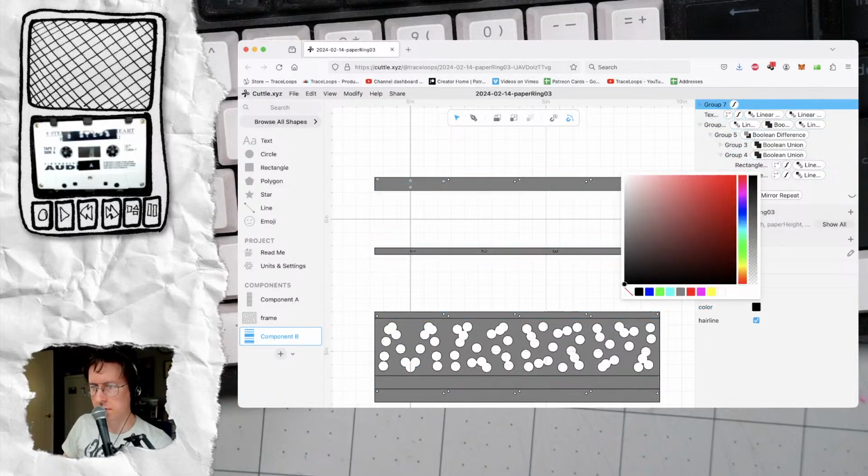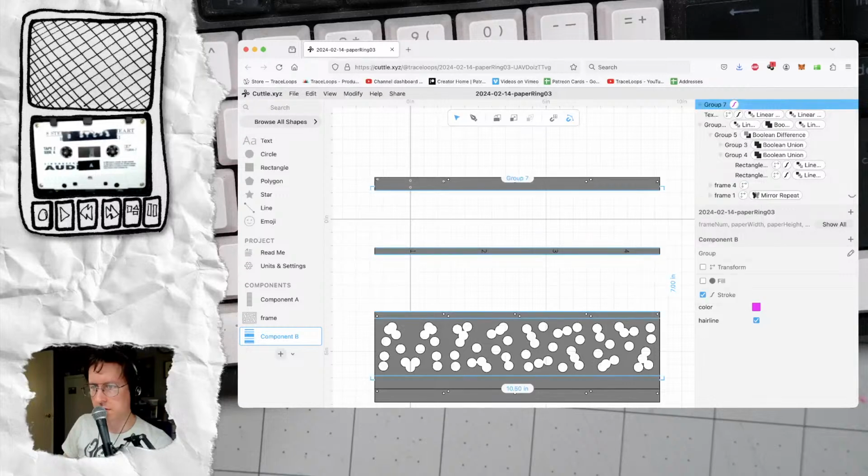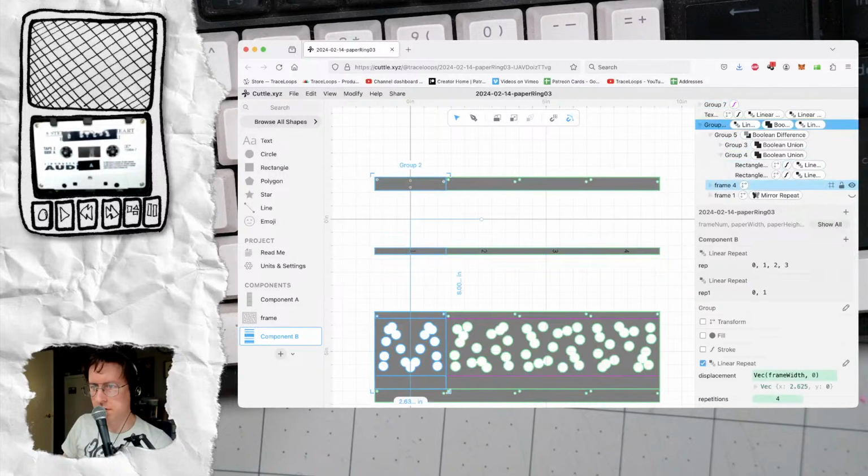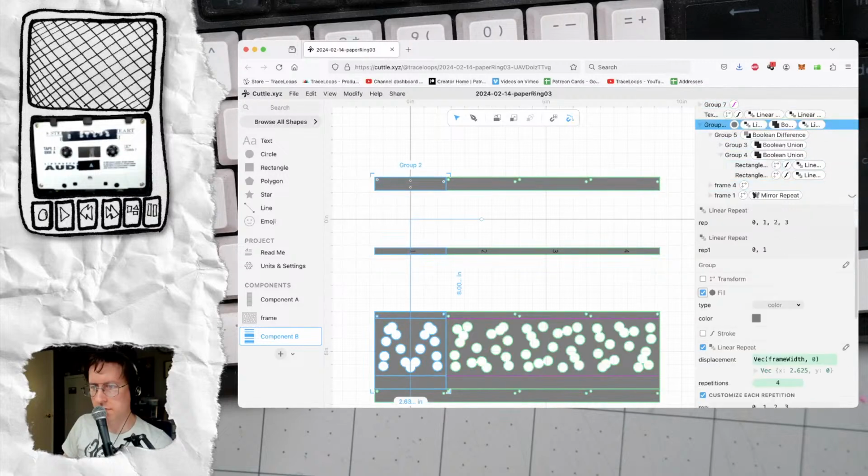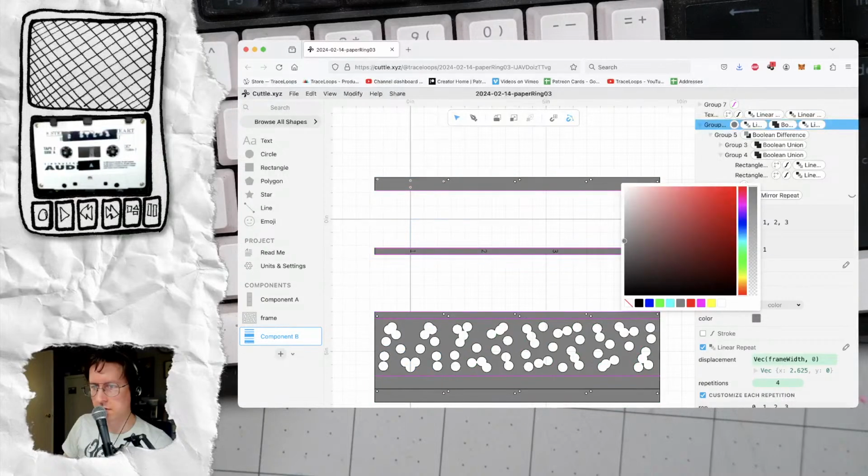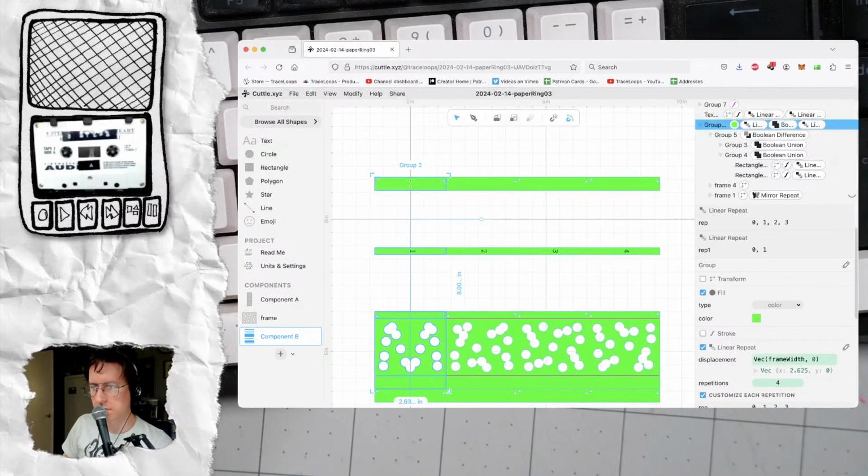Stroke on this is going to be pink. And the fill on this is going to be green.